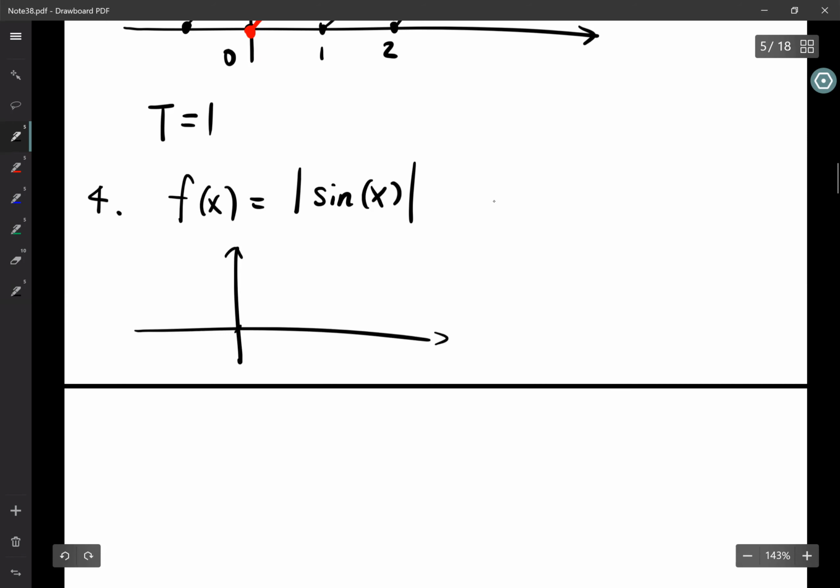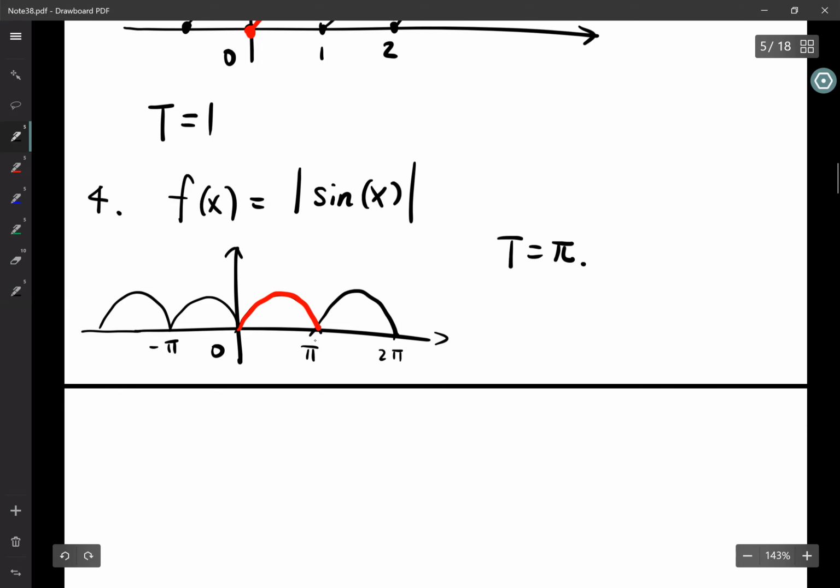We found that this is 0 and this is pi, so this is sine x without any problem. From pi to 2 pi, it was supposed to go down like this. However, now because of the absolute values, it goes up. And similarly, it goes up here, and we found that the smallest period here, T, is actually pi.